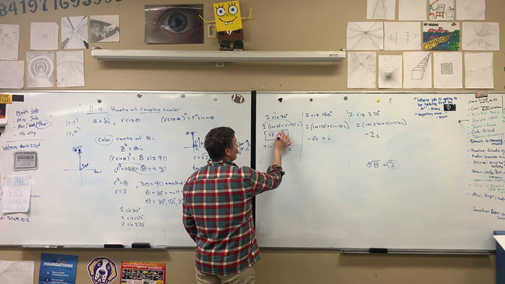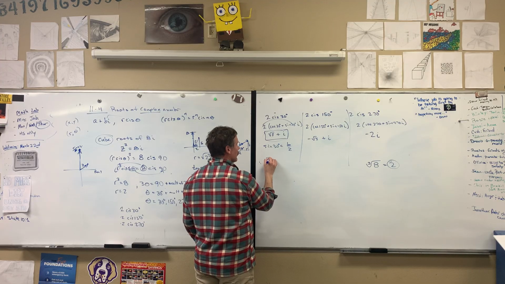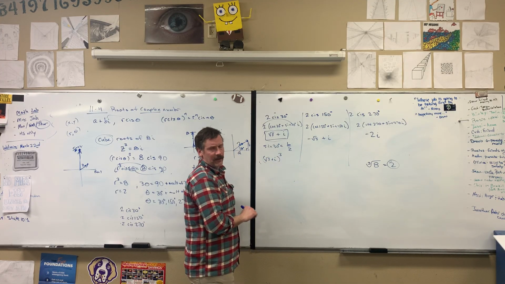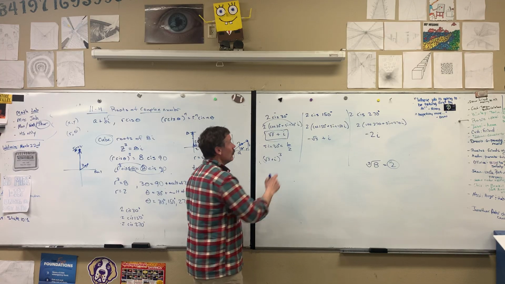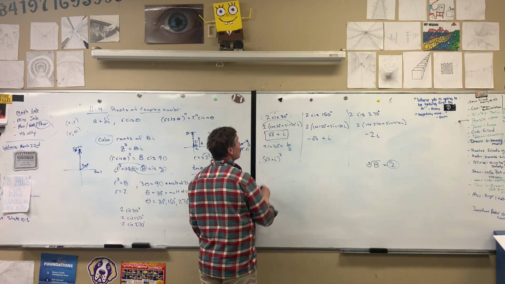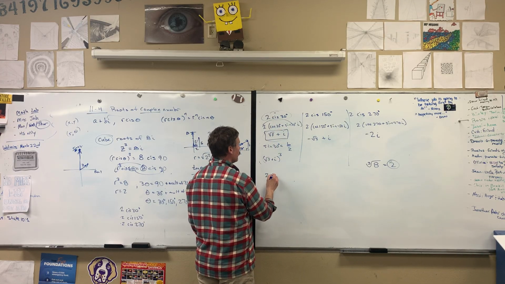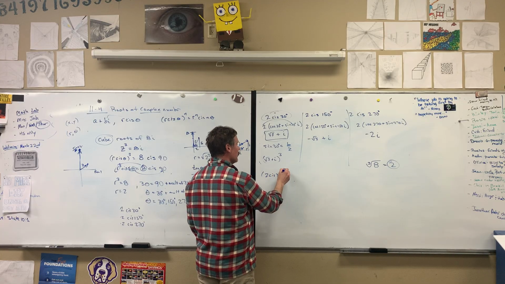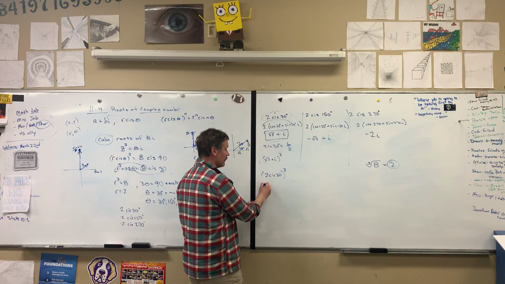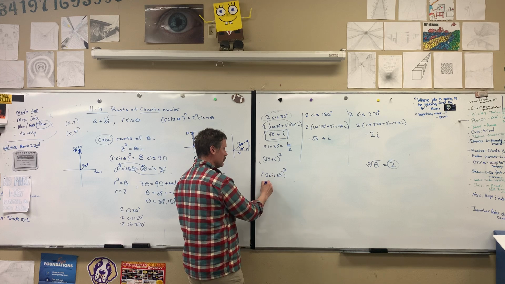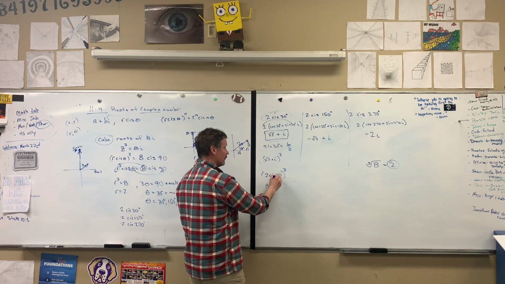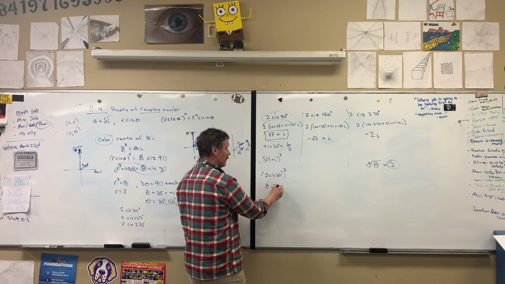We can use this if we wanted to and say cube root plus i cubed, right? We could do that. That takes work. We could also just take this and say, hey, this one cubed, what do I get? Well, that's nice because I get what? 2 cubed is 8 cis, and then 3 times 30 is 90.